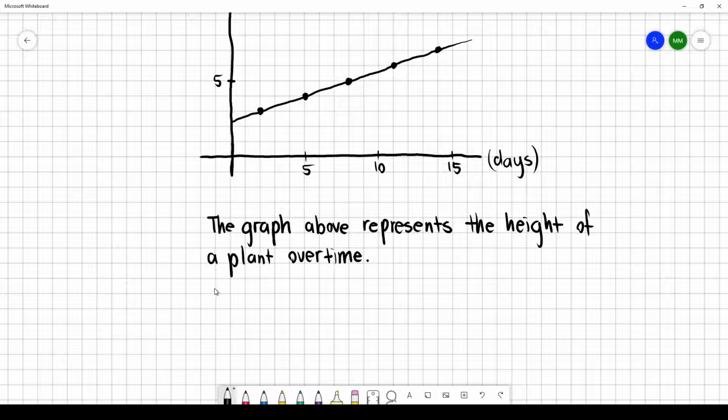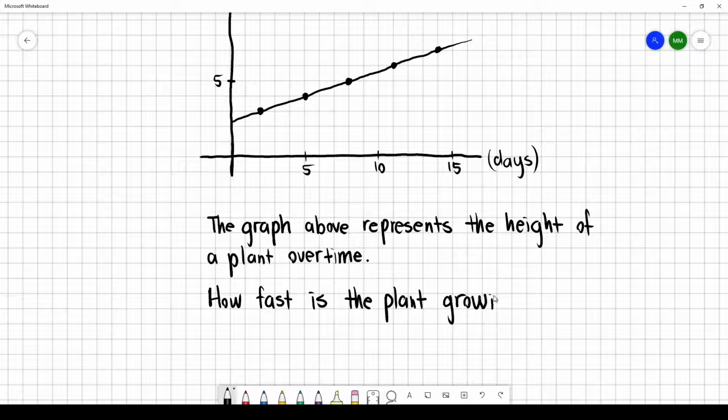So first question is, how fast is the plant growing? So try this one out.